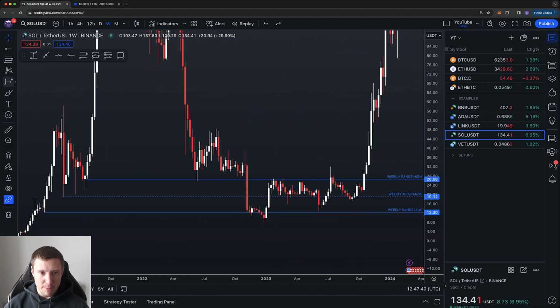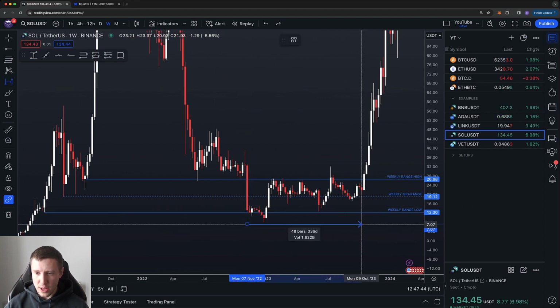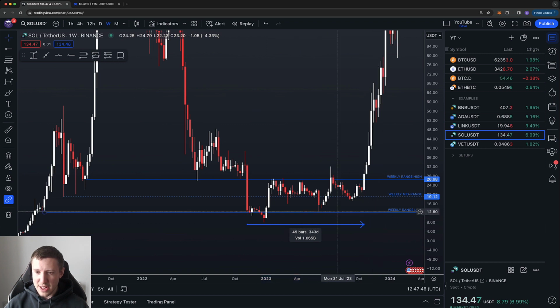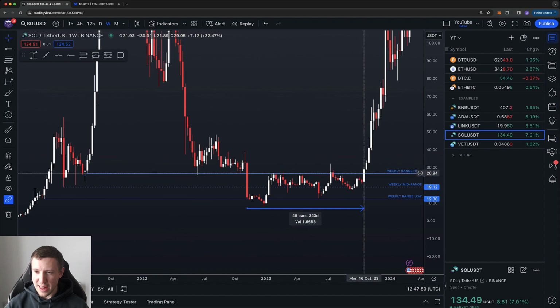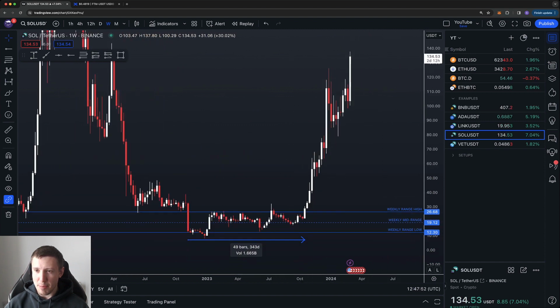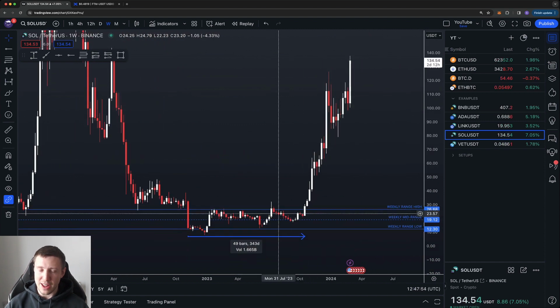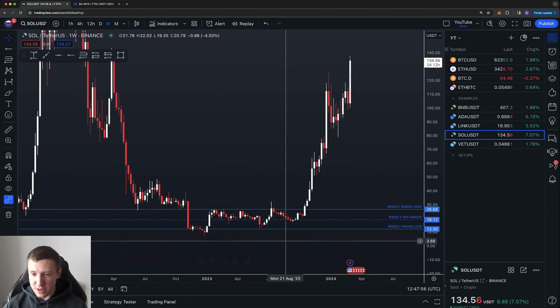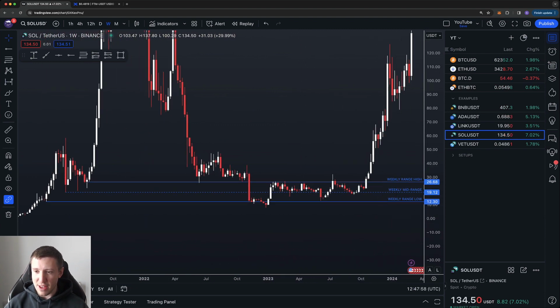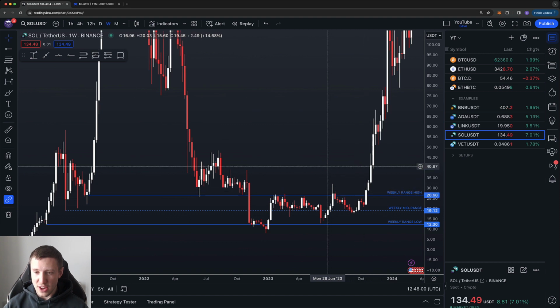You can also see from a higher time frame perspective, we were in this range for 49 weeks. So you can see how powerful these tools are. Once you identify that range, once you see that breakout, then it is up only from there, as you can see, as long as we don't get that deviation. Now, the final point on deviations: you very rarely get two deviations to the same side.